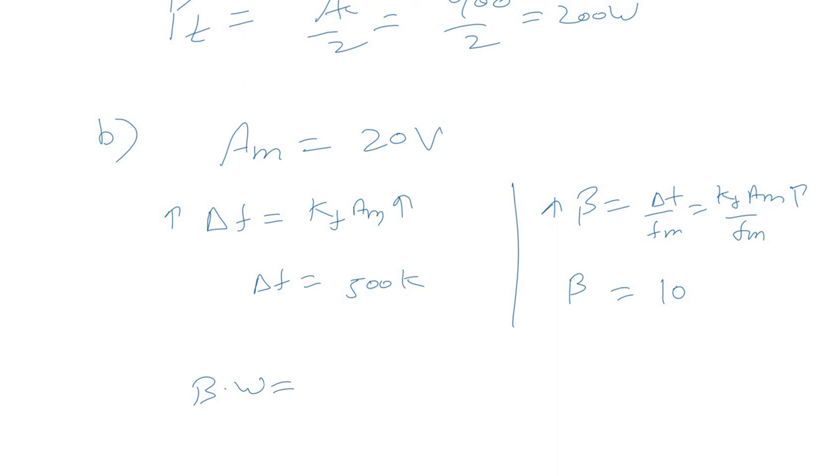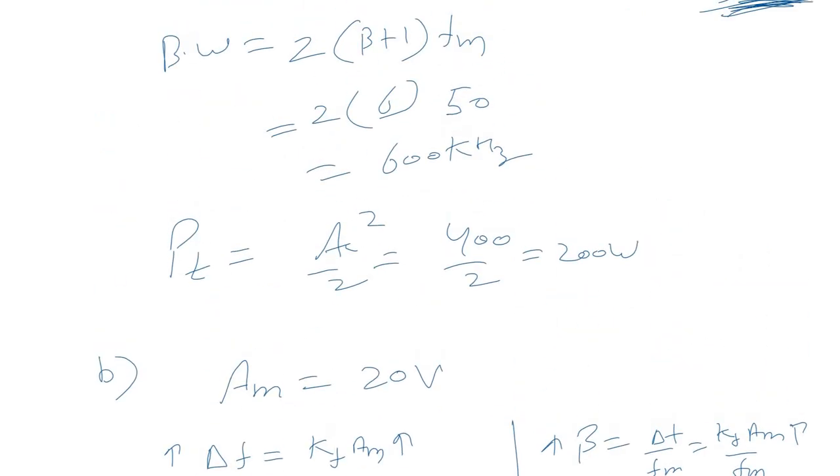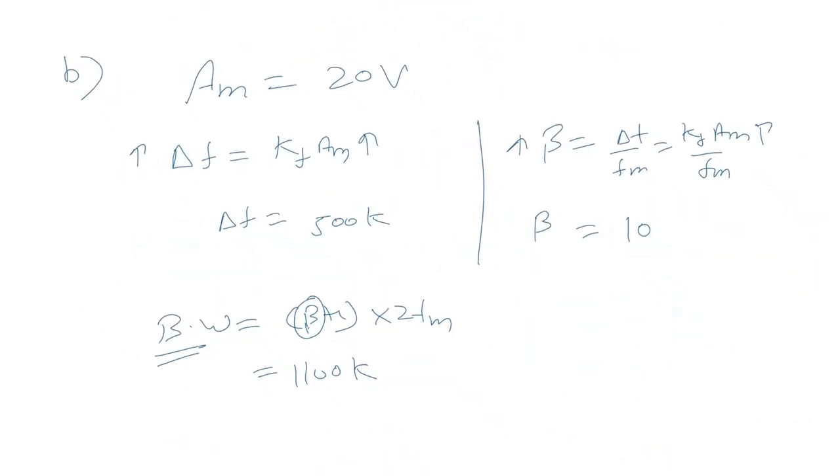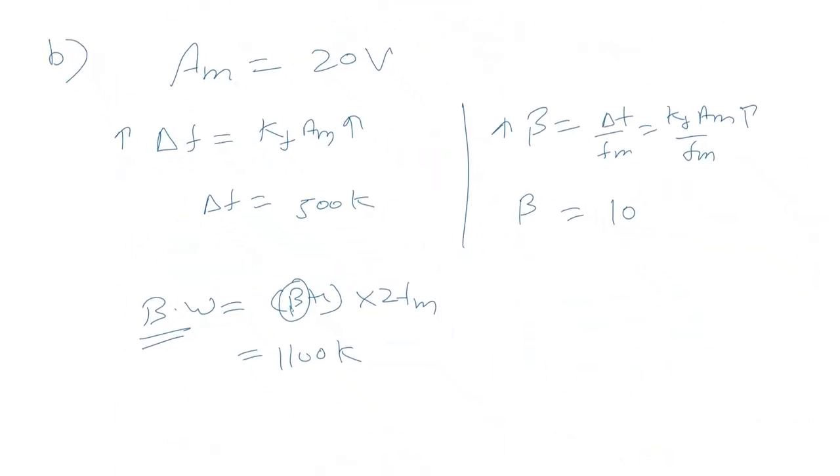Bandwidth is equal to twice of beta plus 1 times fm. If the value of beta is increased, obviously the bandwidth will also increase. With the new value of beta, it comes out to be 1100 kilohertz. Earlier the bandwidth was 600 kilohertz, now it has increased to 1100 kilohertz.